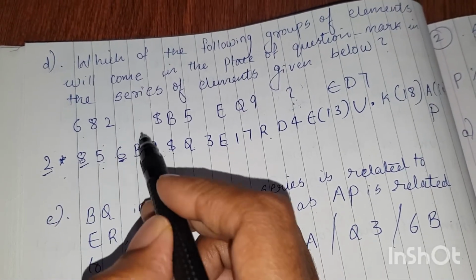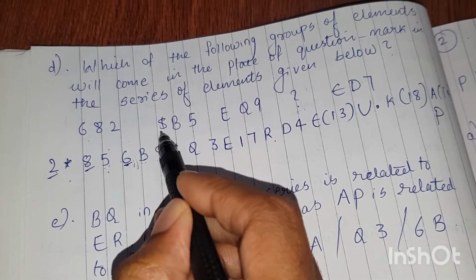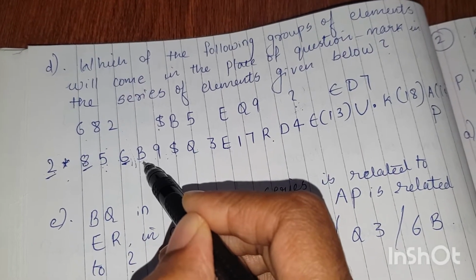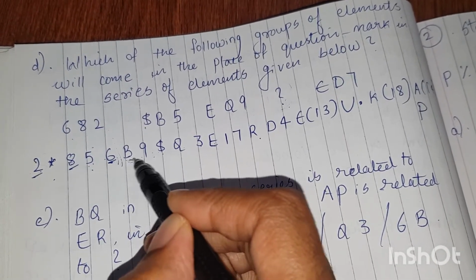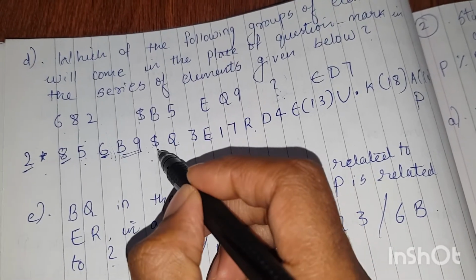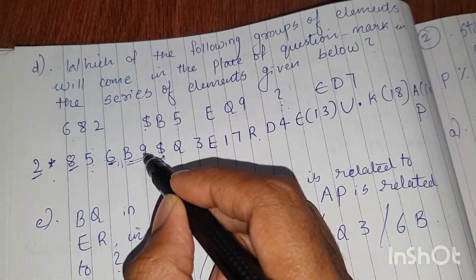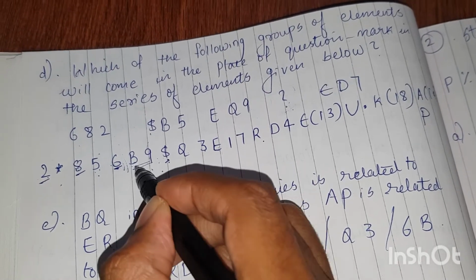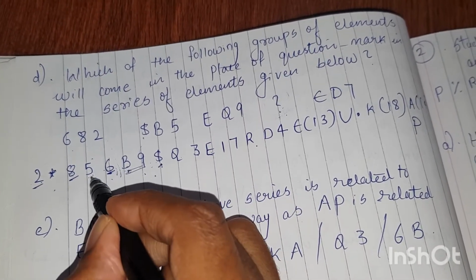Then after 6, they started with the dollar, that is, after giving a 2-element space, they started with the dollar. So dollar, then eliminating this one, B, eliminating this one, 5.